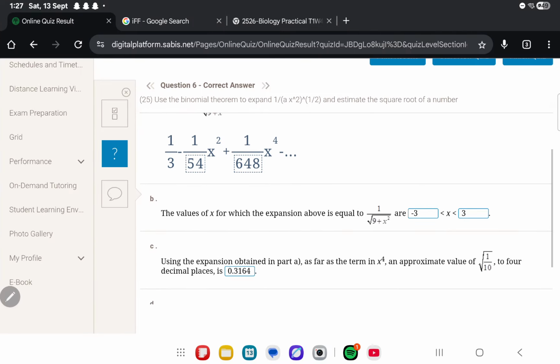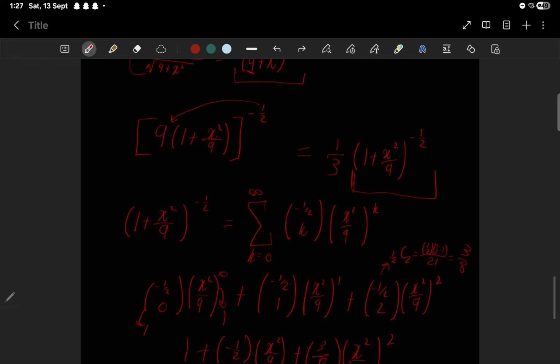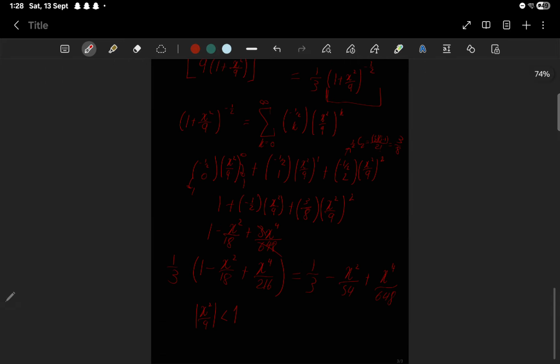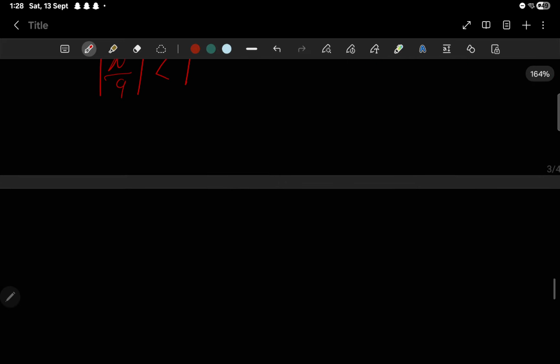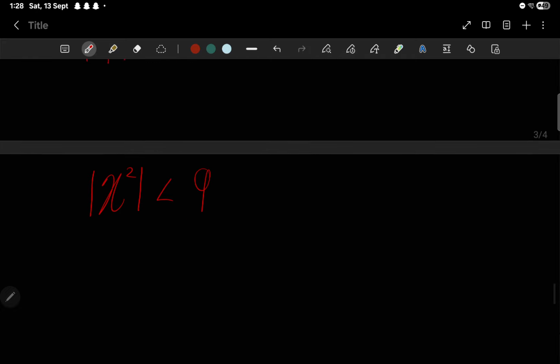Part B, the values of x. This is the condition. Recall that the condition has to be that the absolute value of this is less than 1. So the absolute value of x squared over 9 is going to be less than 1. Now take 9 out of the absolute value, so it's going to be x squared in absolute value less than 9.